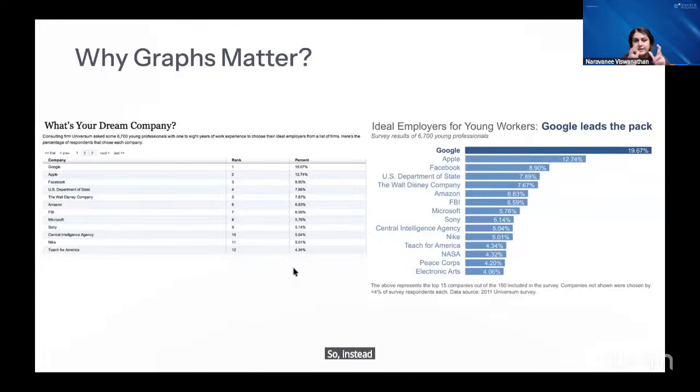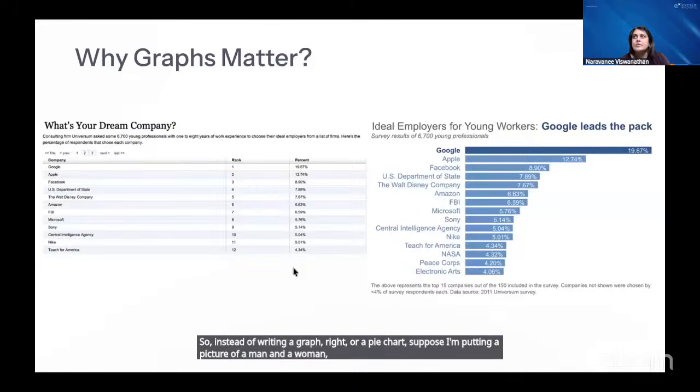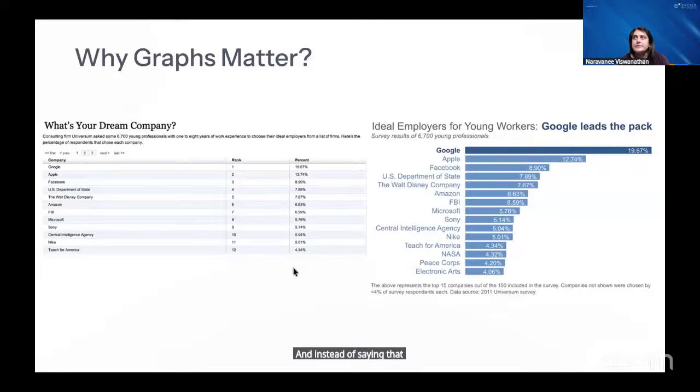So instead of writing a graph or a pie chart, suppose I put a picture of a man and a woman, and instead of saying that 75% of the respondents are male, I fill the male icon 75% and the female icon 25%. This is called a visualization.